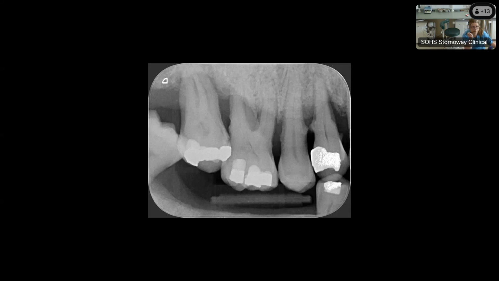Christine? On the upper right side, it would be 2 buccal and 1 palatal. Would it be different if it's the upper left? No, exactly, 1 palatal, 2 buccal. And the 2 buccal, where are they positioned?